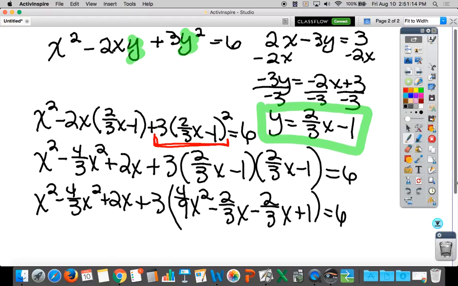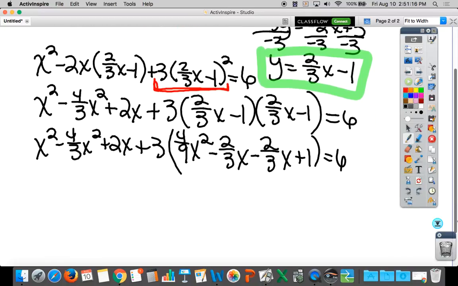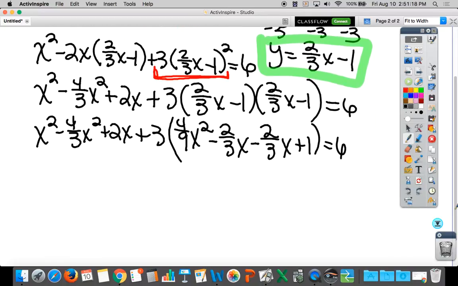Now, guys, this is long, but not one part of this is something you haven't had before. And dang, doesn't that look impressive? Okay. All right. Let me go ahead and distribute the 3 now.